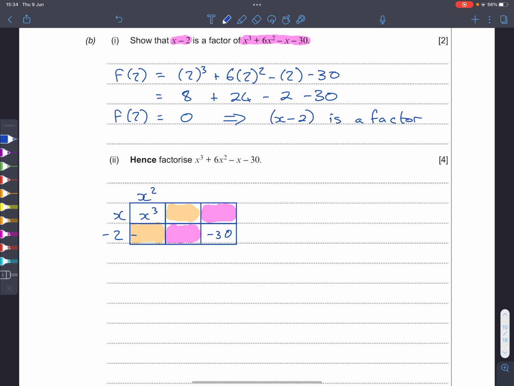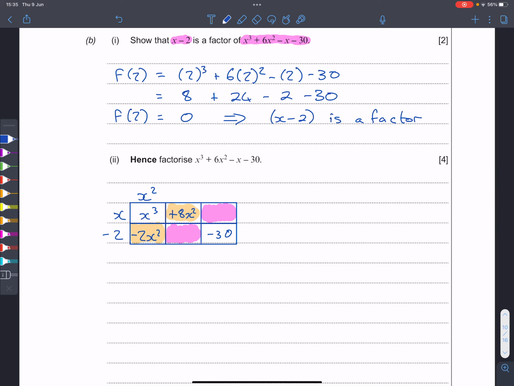So that's going to be negative 2x squared. Okay, if I take a look at these two now, these are going to be my x squareds. Now from my original equation there, I need 6x squared, and at the moment I've got negative 2x squared. So that means I need another 8x squareds.